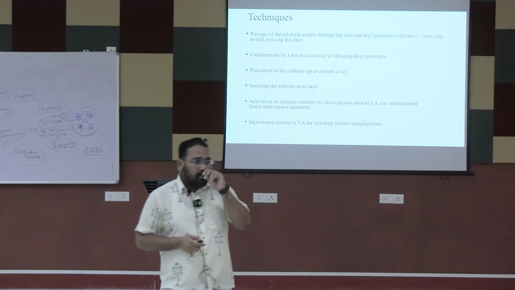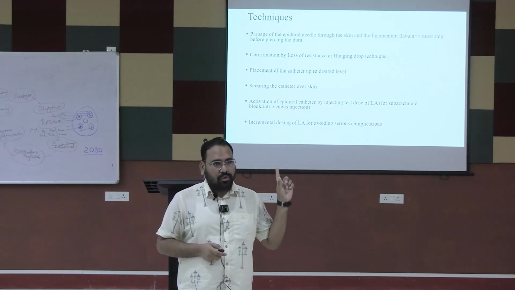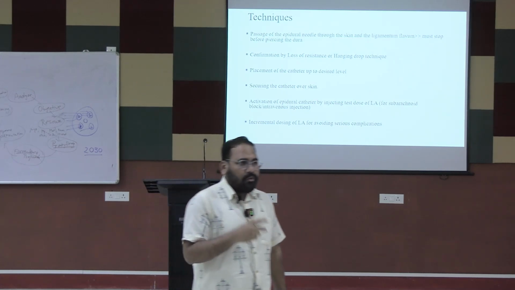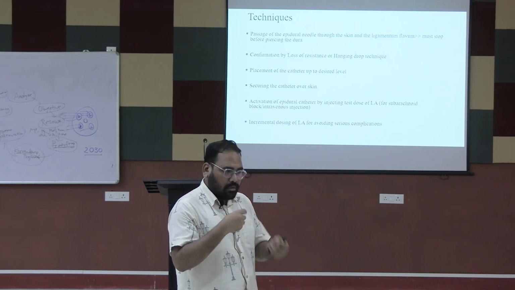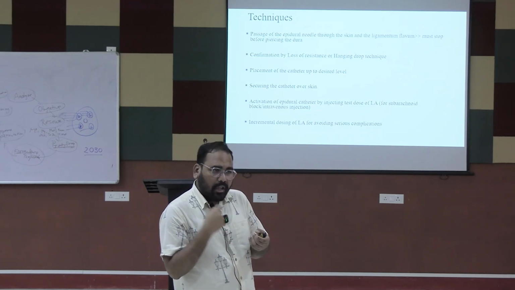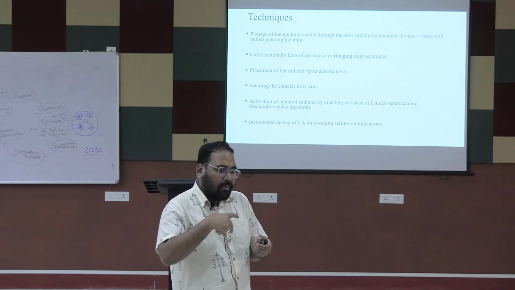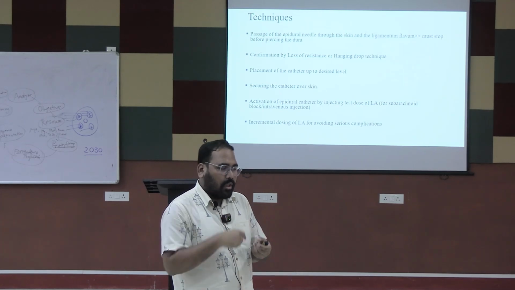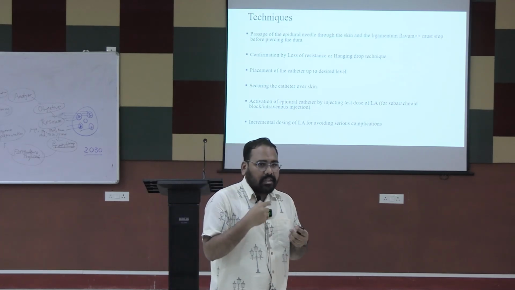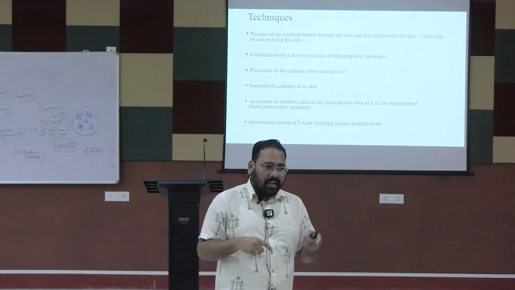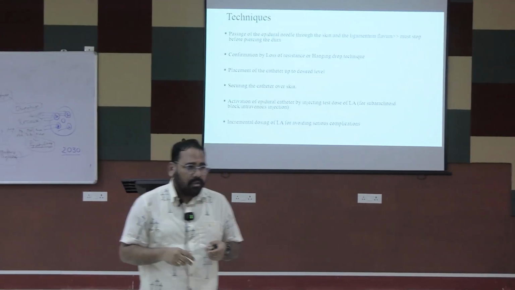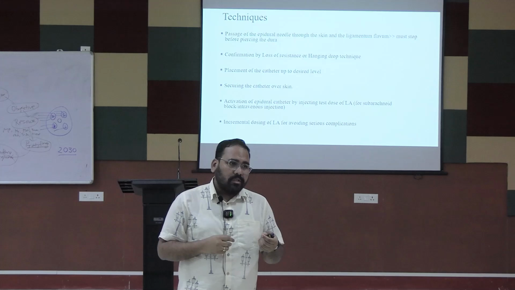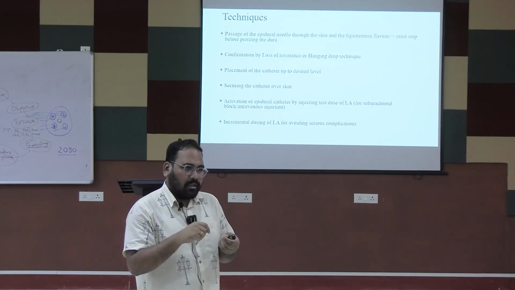For loss of resistance, you need that syringe I showed you earlier. We take air inside that syringe, put it on the hub of the needle, and then we press. Since the epidural space has some negative pressure, when you are inside the epidural space, the air will be sucked in.